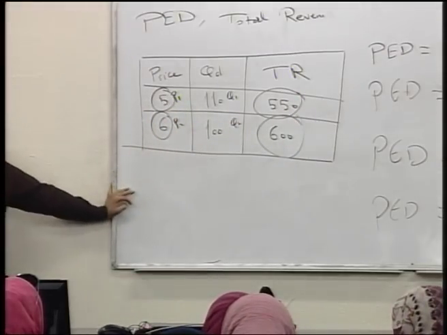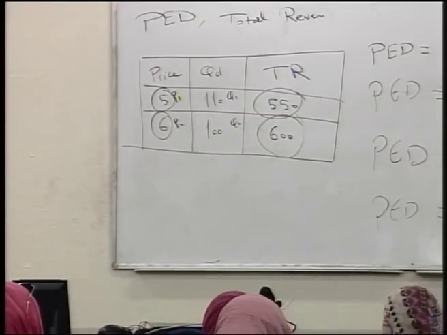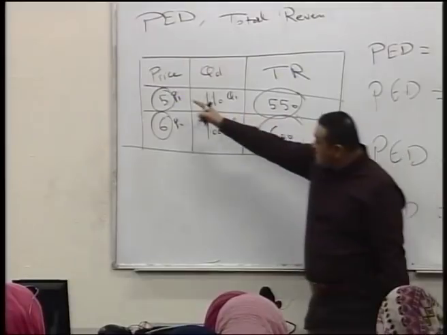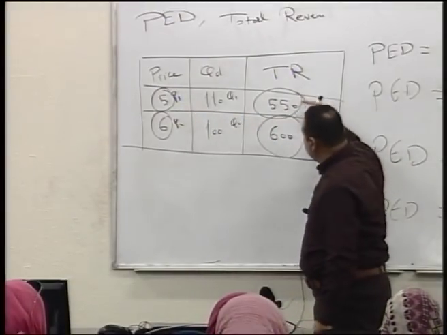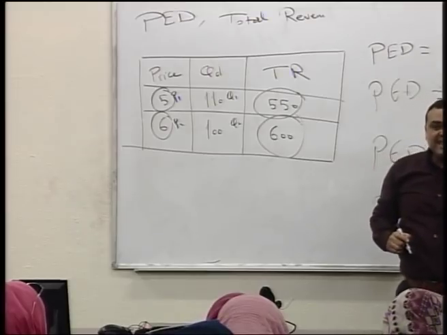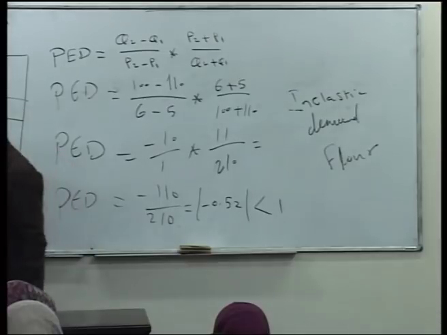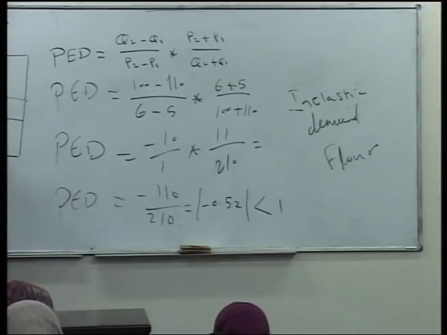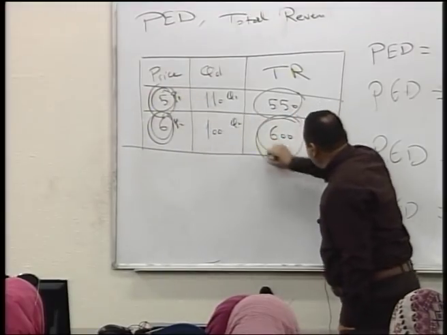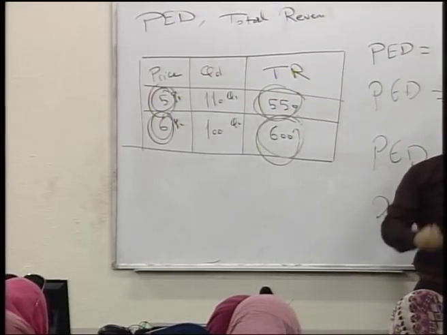So, when demand is inelastic, increasing the prices leads to increasing total revenue. If demand is inelastic, declining the prices from 6 to 5 leads to a decline in total revenue from 600 to 550, and vice versa.